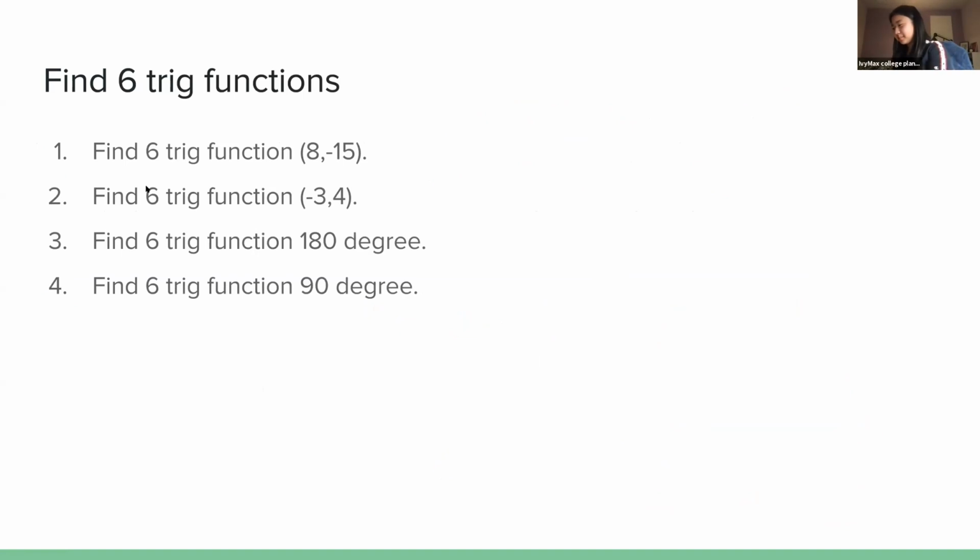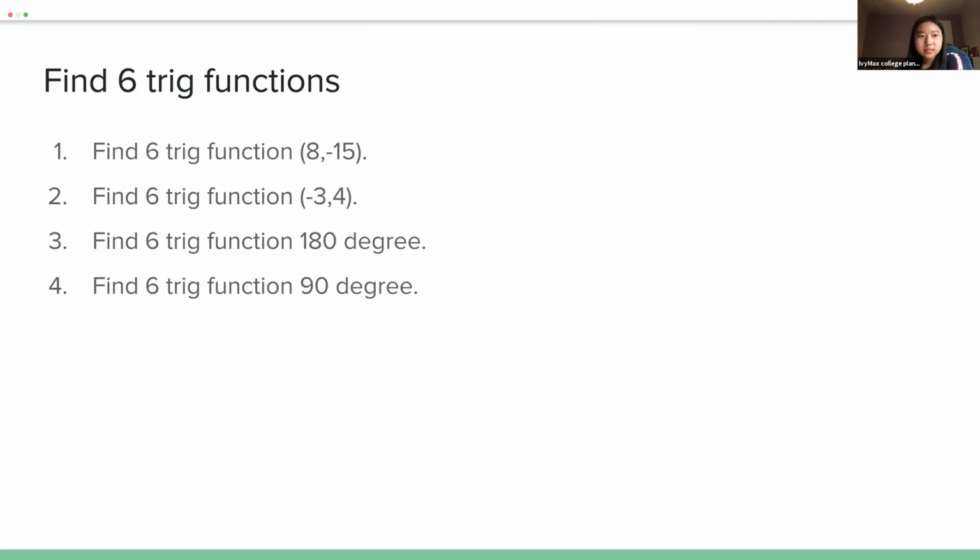Okay, so right now we're going to move on to finding 6 trig functions. It should be pretty easy, but use your SOHCAHTOA formula from the previous lesson. If you have those notes out, that should be easier.